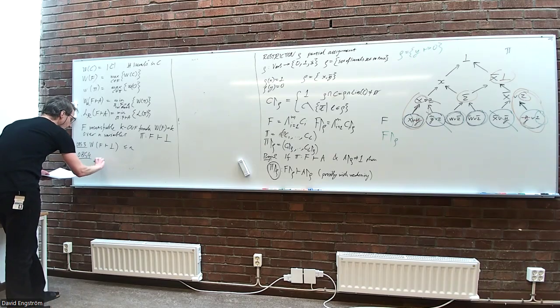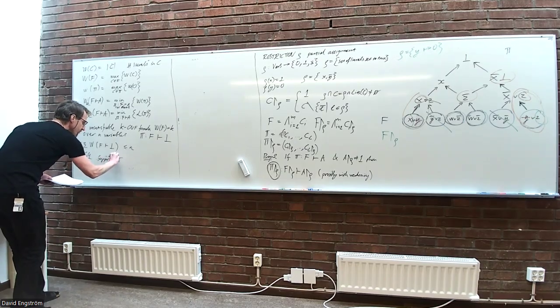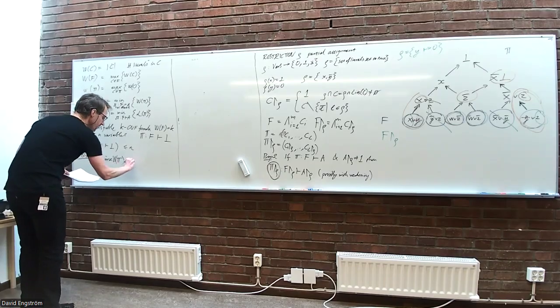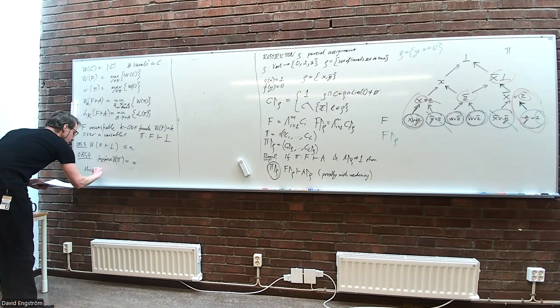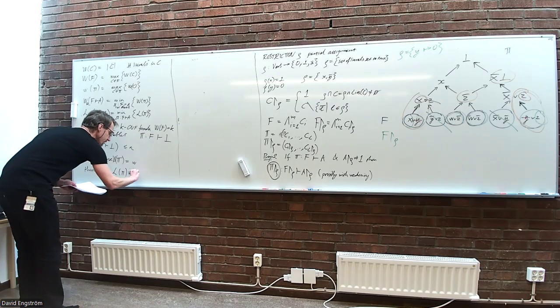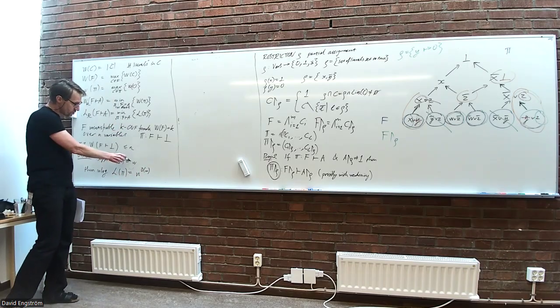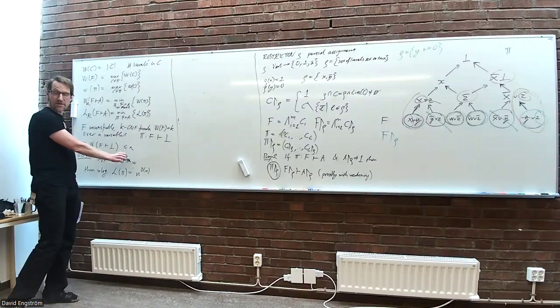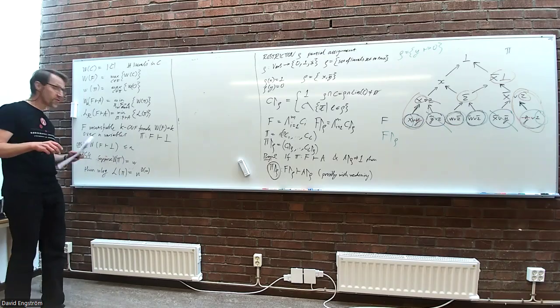So I claim that suppose I have a refutation of F of width at most W, then in general resolution, without loss of generality, the length of pi is at most n to the big omega of W. So a refutation in small width, a narrow refutation, is by necessity short. Okay, what's the proof of this?